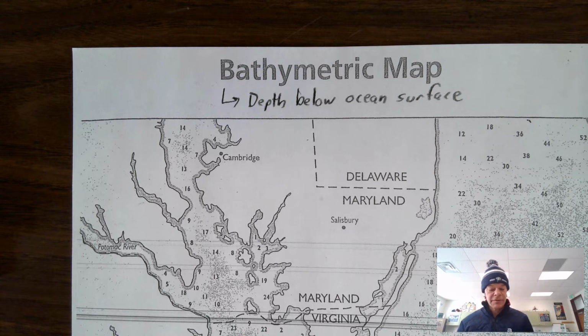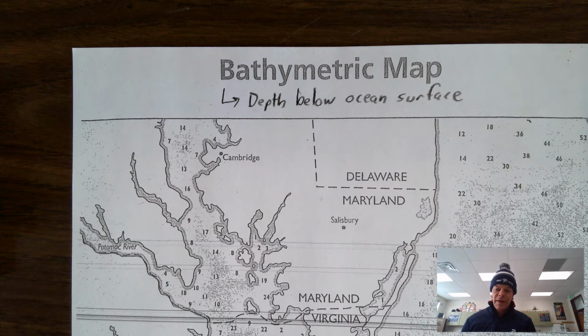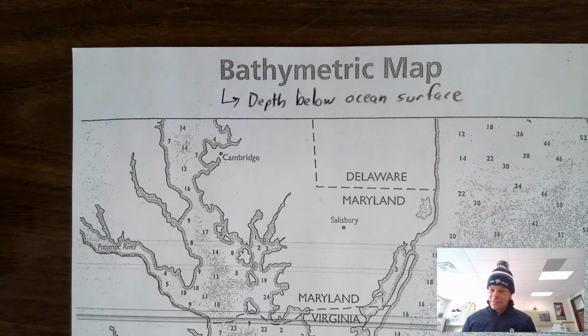And what we're going to do for this map is we're going to draw out some contour lines that represent the shoreline 10,000, 8,800, 7,200, etc. years ago. And in order to do that, we're going to need the map, and you're going to need some different colored pencils.